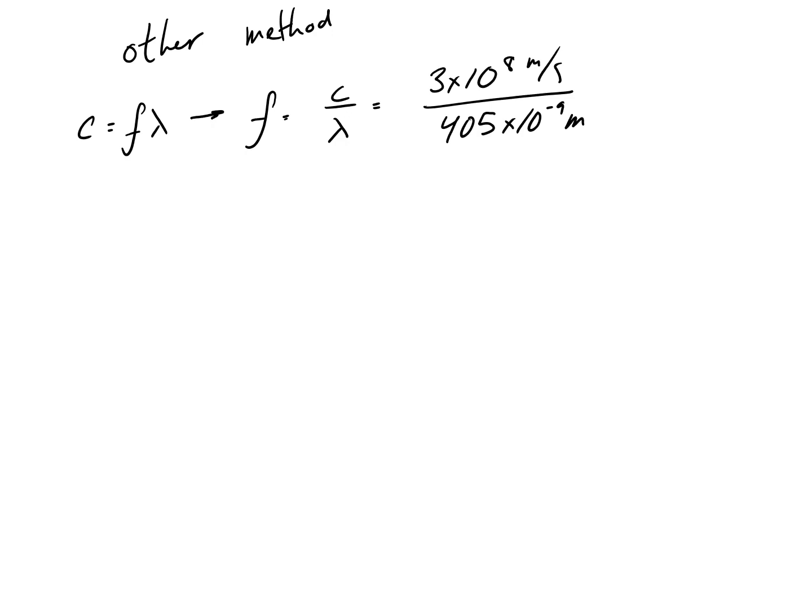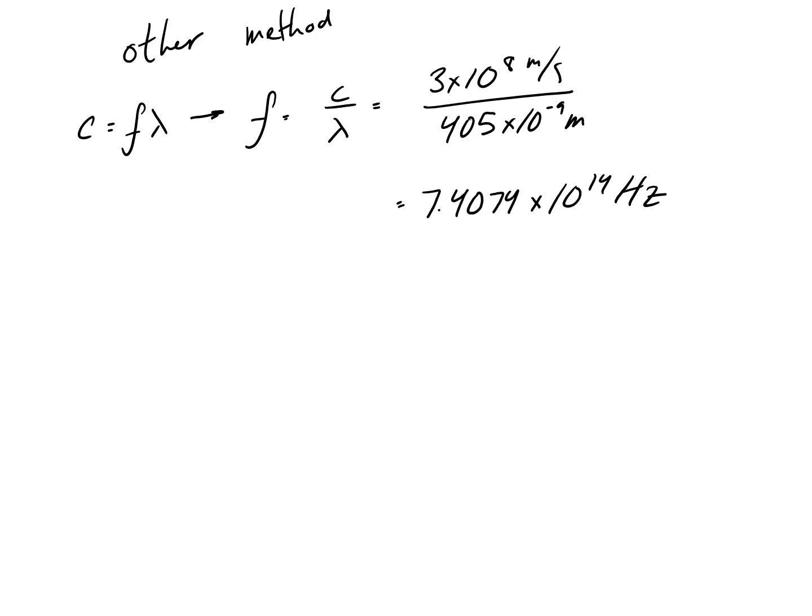You're going to be dealing with some pretty big powers, but it works out the same way. Plugging this in, I got 7.4074 times 10 to the 14 hertz. So this is the frequency of our Blu-ray laser in both vacuum and in the amethyst.